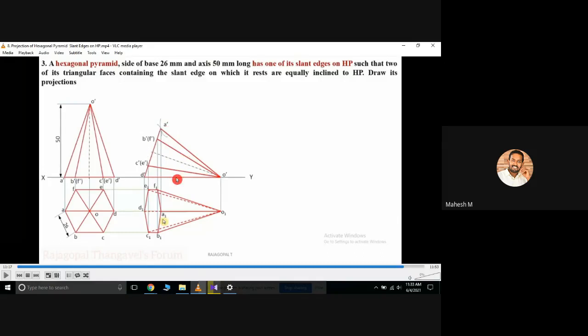But you have to create your second front view like this. And your second top view will also look like this. But the first diagram, you should be cautious on the first diagram. புரிஞ்சுதா?